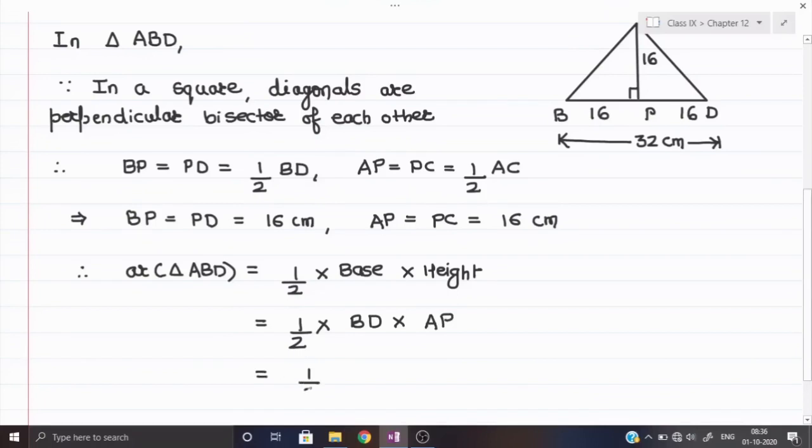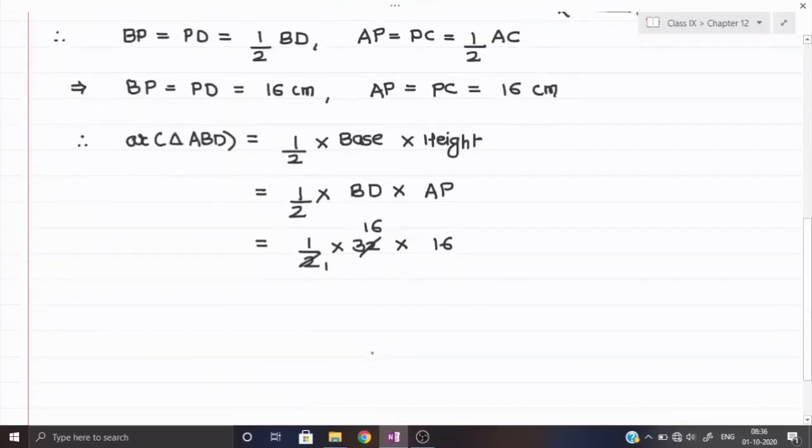Now further we shall put the values here. So 1 upon 2 into 32 into 16. If I cancel 2 and 32, remain here 16. So 16 into 16 will become 256.